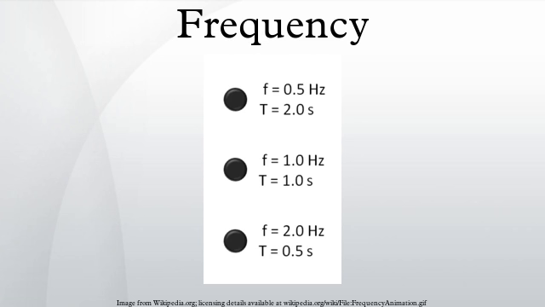A downside of this method is that an object rotating at an integer multiple of the strobing frequency will also appear stationary. By frequency counter: higher frequencies are usually measured with a frequency counter. This is an electronic instrument which measures the frequency of an applied repetitive electronic signal and displays the result in hertz on a digital display.